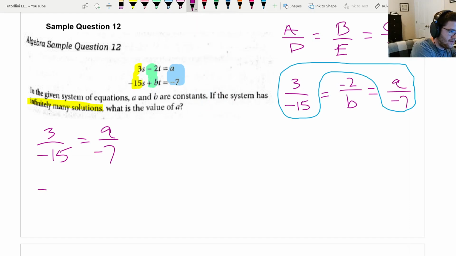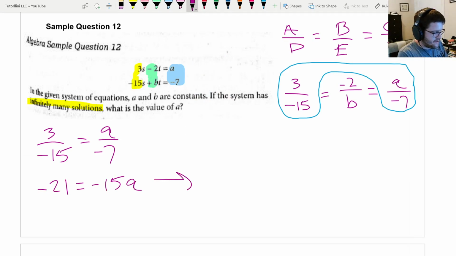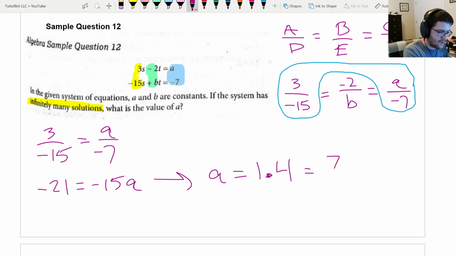So negative 21 equals negative 15A. Divide both sides by negative 15, and we should get negative 21 divided by negative 15. So A is equal to 1.4, which is also 7/5. So either of those would have been acceptable.